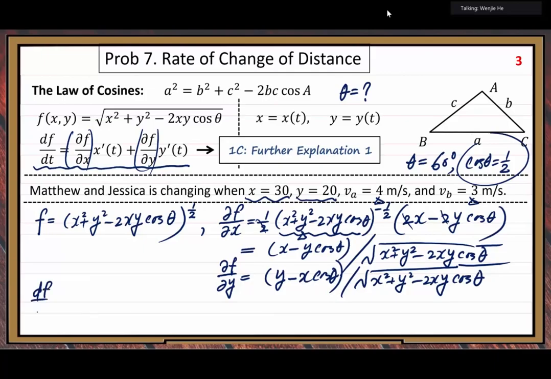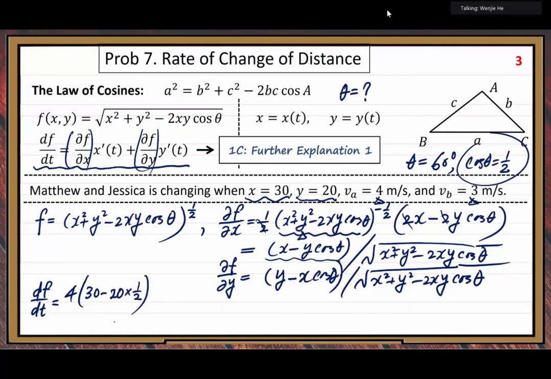df over dt equals x prime of t, that's the velocity, right? Velocity VA, that is 4. 4 times this part: x minus y cosine theta, x is 30, y is 20 times 1/2.